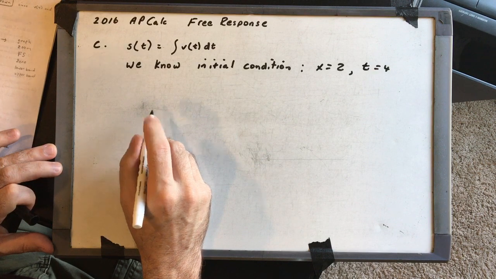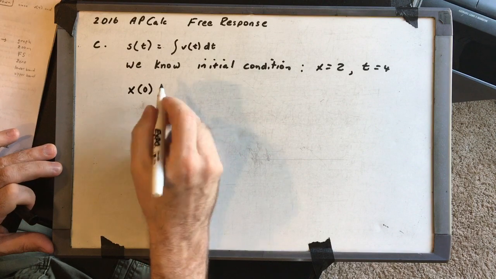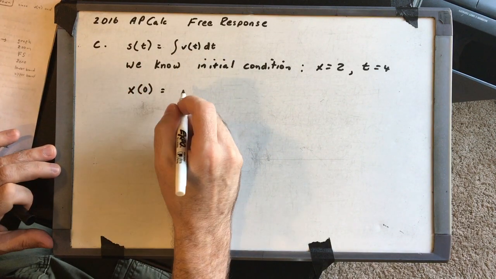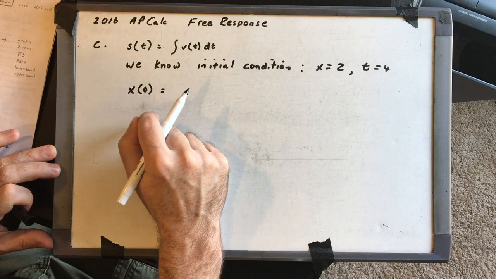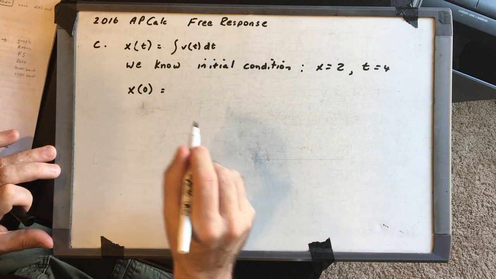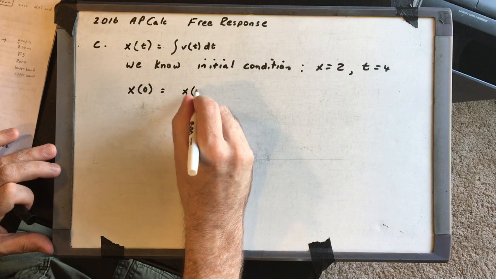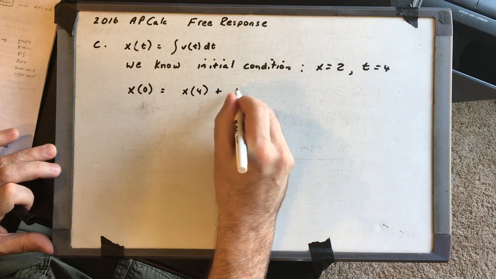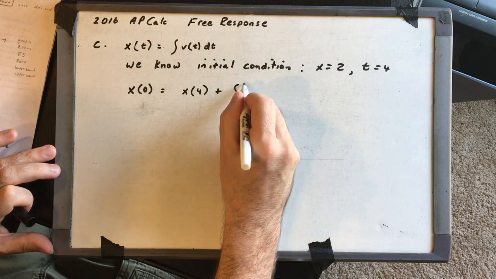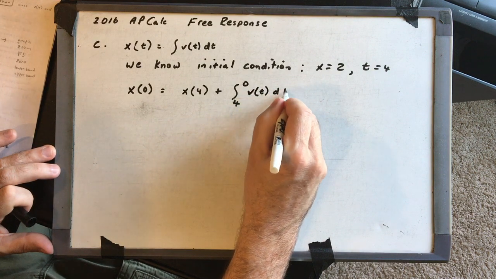So if we want to know the position when t is 0, x of 0, I guess I would probably use x of t here instead of s. But x of 0 is going to be the initial condition, x of 4, plus what you do is integrate from where you start, 4, to 0 of v of t dt.